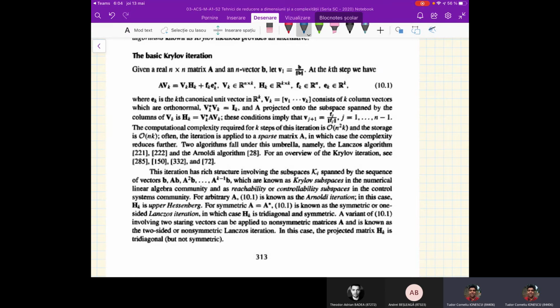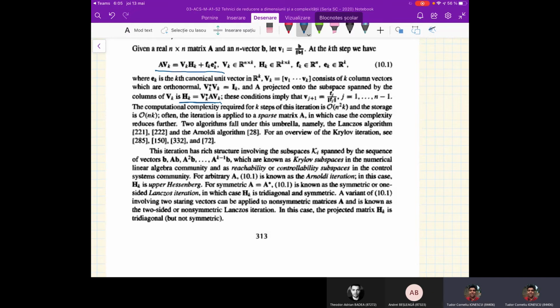At step k, we have the iteration A Vk equals Vk Hk plus fk e star k, where ek is the k-th canonical vector, with only one element, in position k, being 1. V is the column vectors, Vk star Vk is the identity, and A is projected onto the subspace spanned by the columns Vk. So A takes this final form.